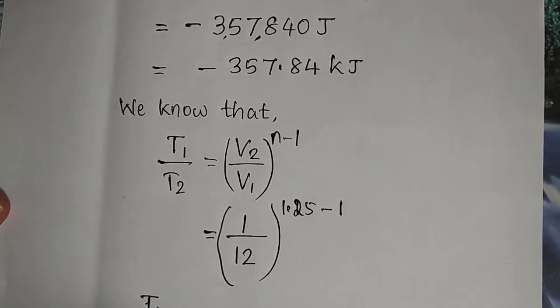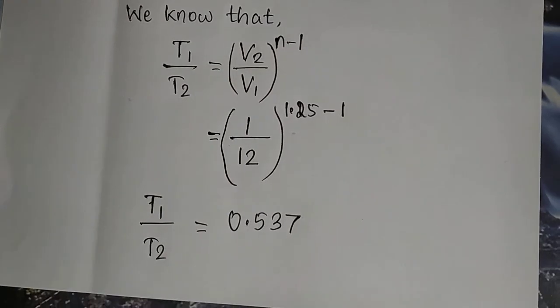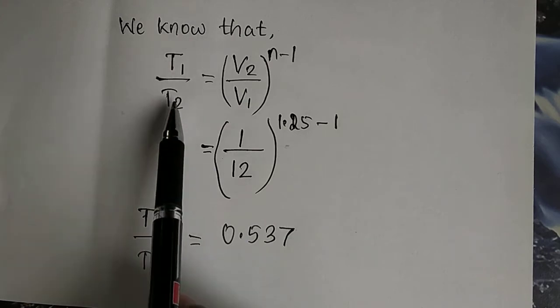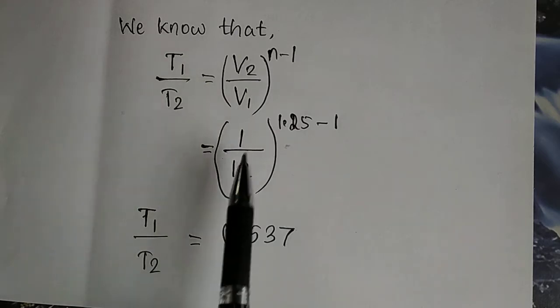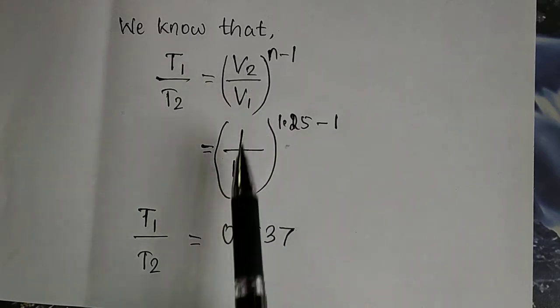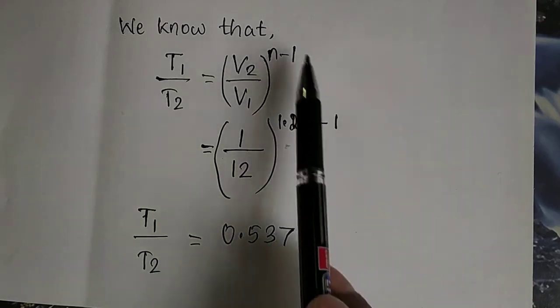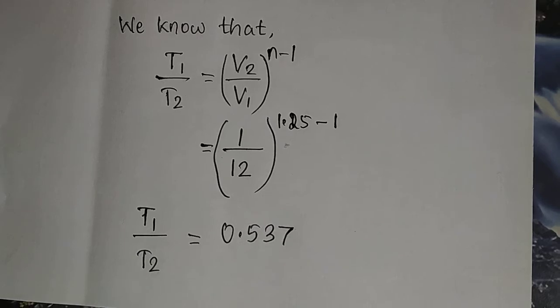That is T1 by T2 will be equal to 0.537. That is, V2 by V1 is 1 by 12, that is, V1 by V2 is 12, so V2 by V1 will be 1 by 12. n is 1.25 minus 1. So you will get the answer as 0.537.